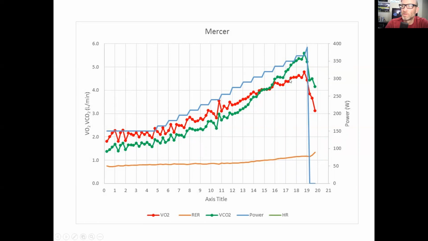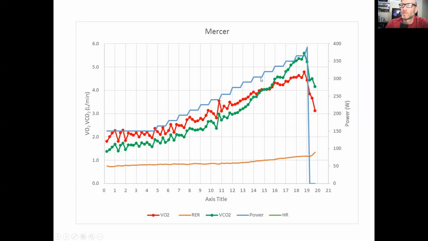VCO2 is greater than VO2 because we're starting to use the anaerobic system at a greater rate at this point, producing lactic acid, and that lactic acid is being buffered, and the buffering process will produce more CO2 that needs to be exhaled. So we can find that crossover point right here for this athlete, and then we can indicate what resistance level this was, what power it was, and it looks like that was about 320 watts.